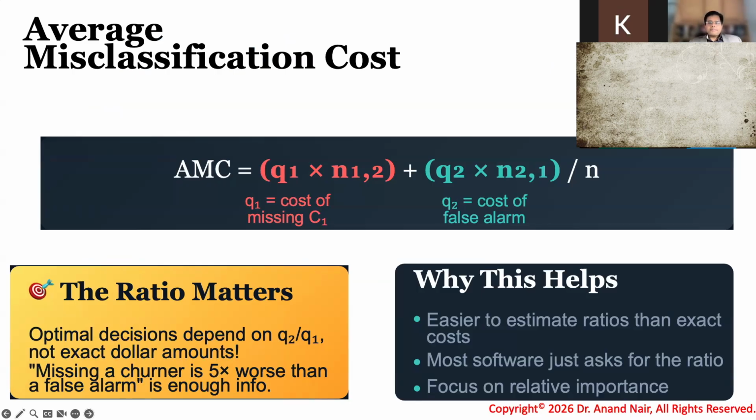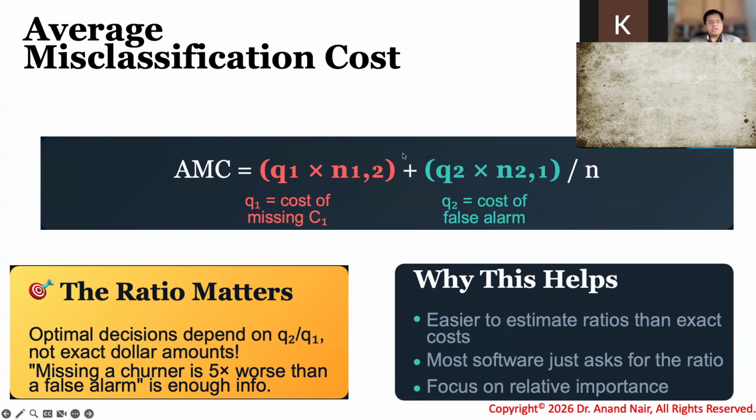Now, the average misclassification cost is something which we've discussed in the reading. What it does is we want to understand the optimal selection based on which type of case is more important: churner versus non-churner, buyer versus non-buyer, patient versus not a patient. Some of these are more important than others.